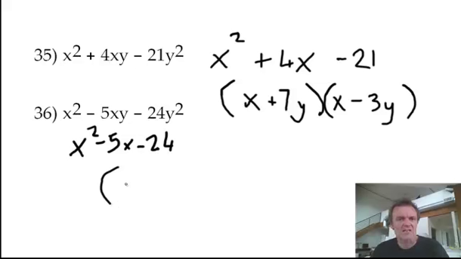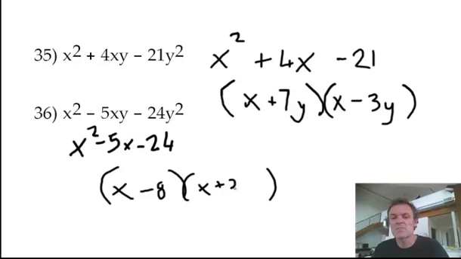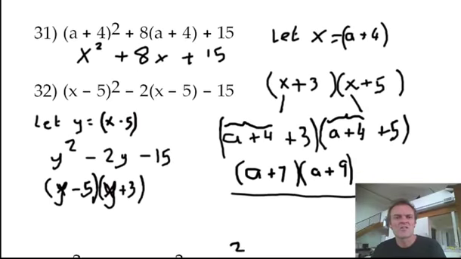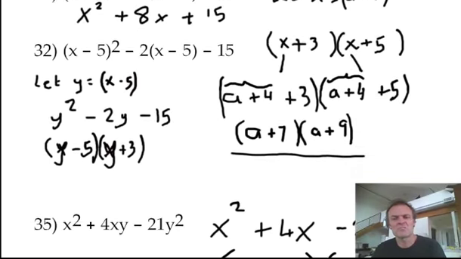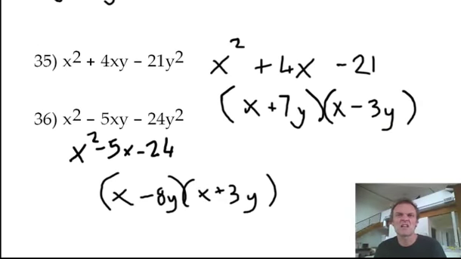Two numbers that make negative 24: I can see it's 8 and 3, but negative 8 and positive 3. Again, stick the y back in. There it is, and that's the answer. So those and those up there, bit of substitution. Have a look at that, watch it again.